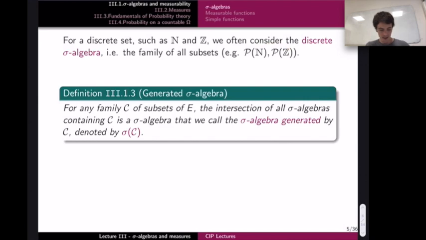Well, on R, you can always say that P of R is a sigma algebra, and you could put P of R on R, but actually you will see that this is way too big for what we want to do.